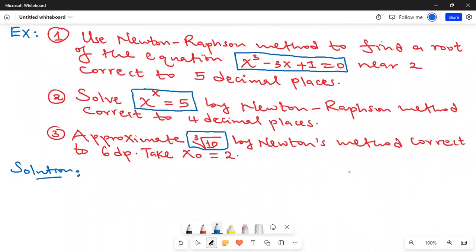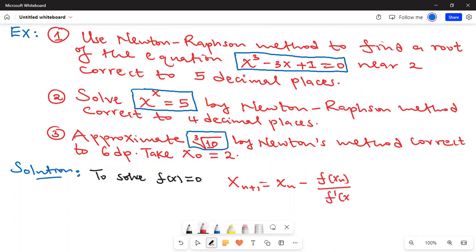Remember the Newton-Raphson method: to solve f of x equals 0, we are going to use this formula, x n plus 1 equals x n minus f of x n over f prime of x n.